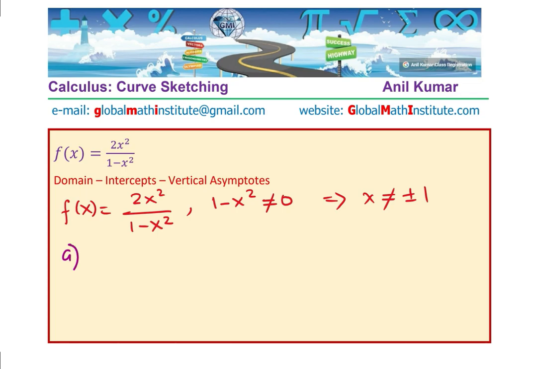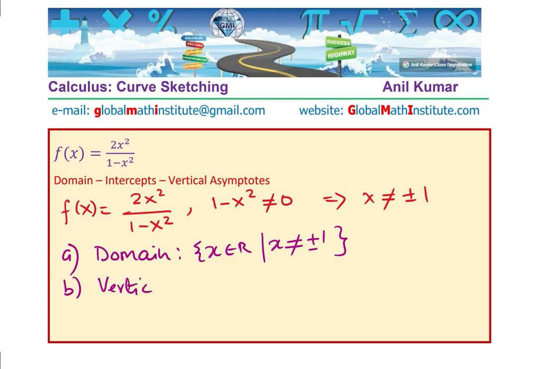First, the domain is that x belongs to real numbers where x is not equal to plus 1 or minus 1, correct? Second, since there is no hole here, no common factor, we can write that there is a vertical asymptote at x equals 1 and at x equals minus 1. So there are two vertical asymptotes, both at plus and minus 1.